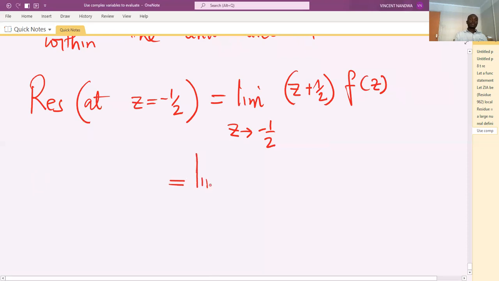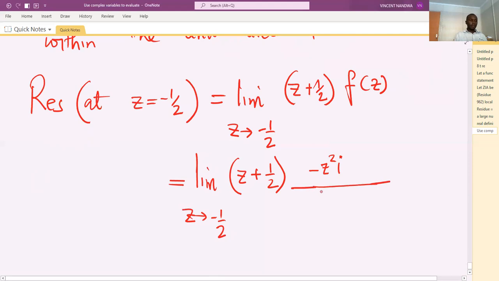So limit as z approaches negative a half, z plus a half, f of z is given by negative z squared i divided by 2z plus 1 into z plus 2.